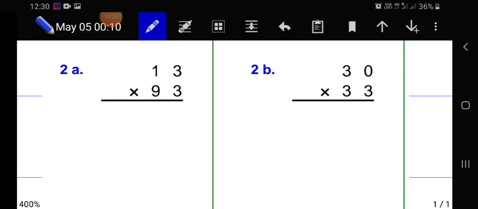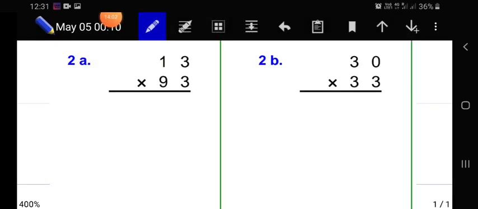So beta, what we are going to do is that the first question of 2a is 13 multiplied by 93. So here we have to multiply 13 with 93. First of all we will multiply this 3 with 13, and then we will multiply the 9 with the 13. So 13 multiplied by 3 is the first step that we have to do.